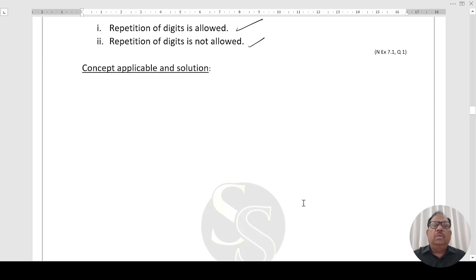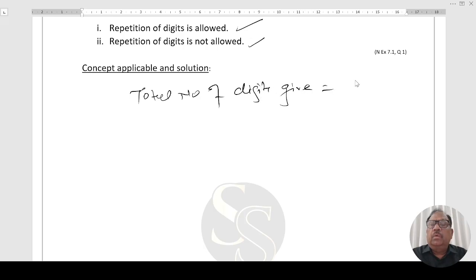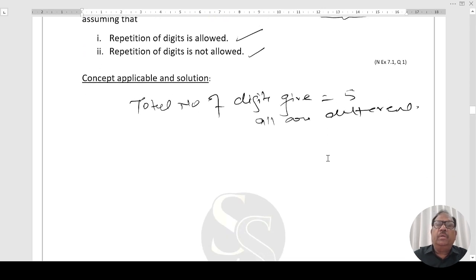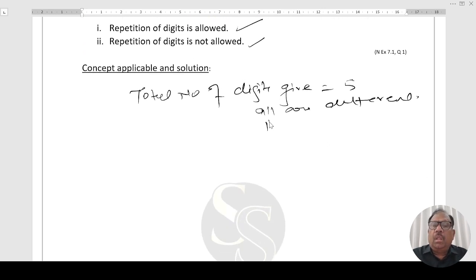Now, the total number of digits given is 5. All are different: 1, 2, 3, 4 and 5.